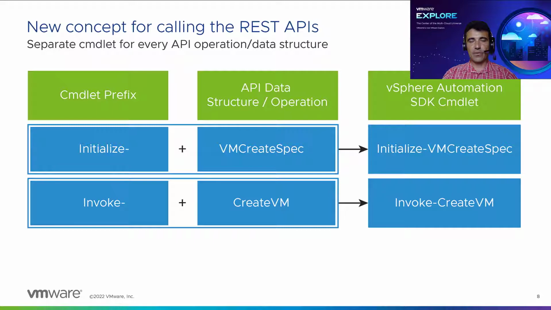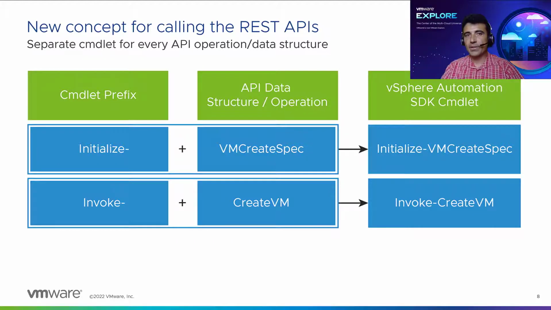And for these complex objects that you have to build as an input, we have created the Initialize- and the name of the data structure commandlet. And using those Initialize commandlets, you can build the input of the Invoke commandlets.